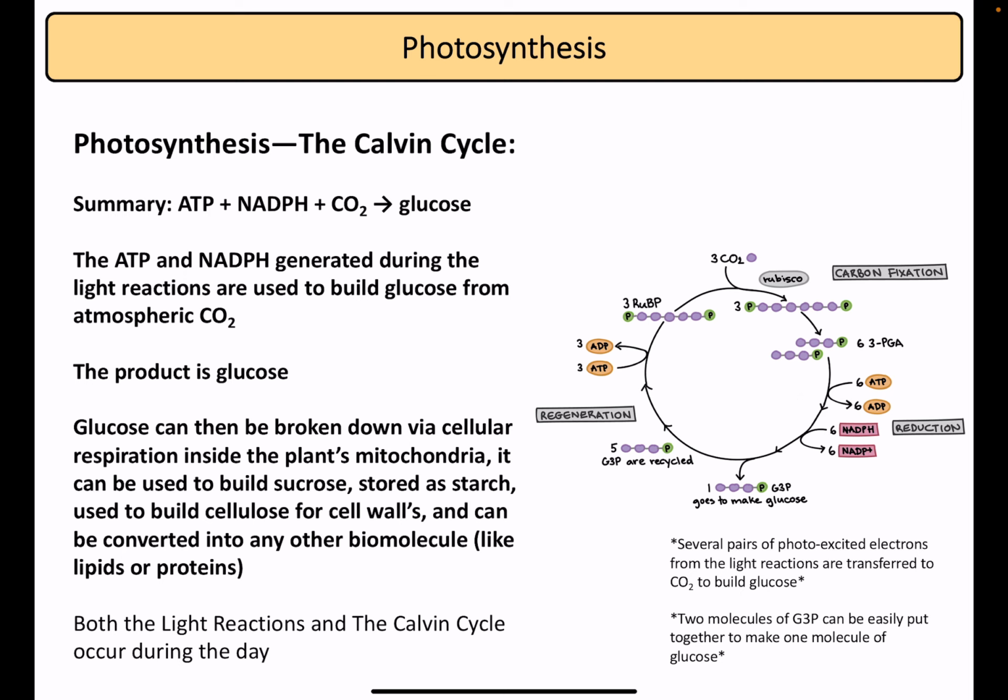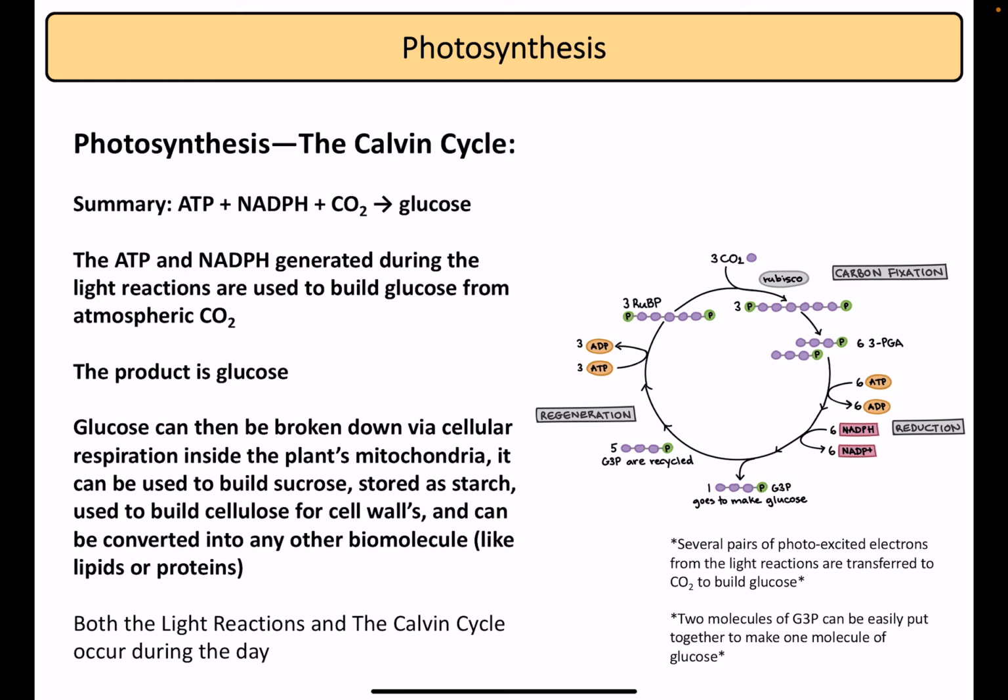ATP provides some energy to help us build. And the product is going to be basically half of glucose. It's 3 carbons. Each carbon is a purple dot. And if we put 2 of these molecules together, we have a molecule of glucose.